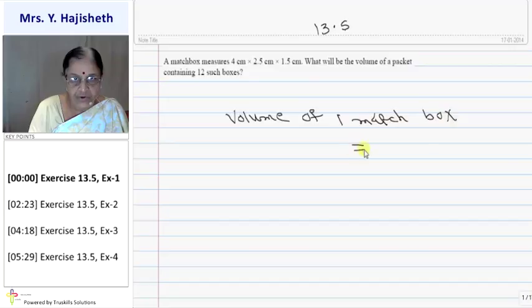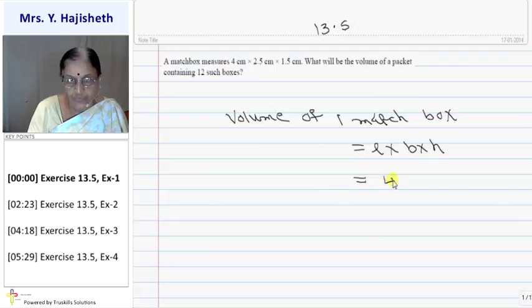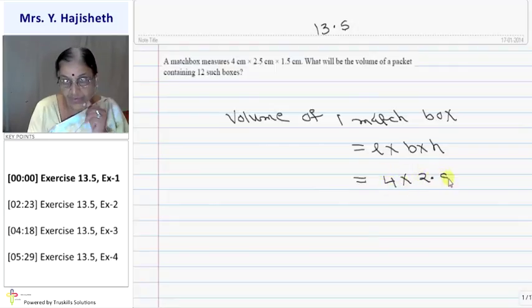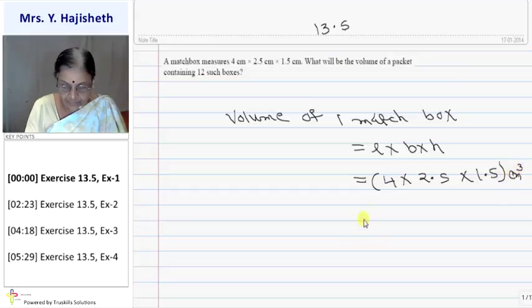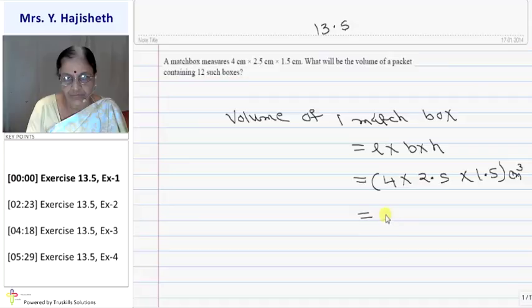Volume of one matchbox is L into B into H. So for length I write 4, for B I write 2.5, and for H I write 1.5 centimeter cube. If I multiply, 4 into 2.5 is 10, 10 into 1.5 centimeter cube. So volume of one matchbox is 15 centimeter cube.